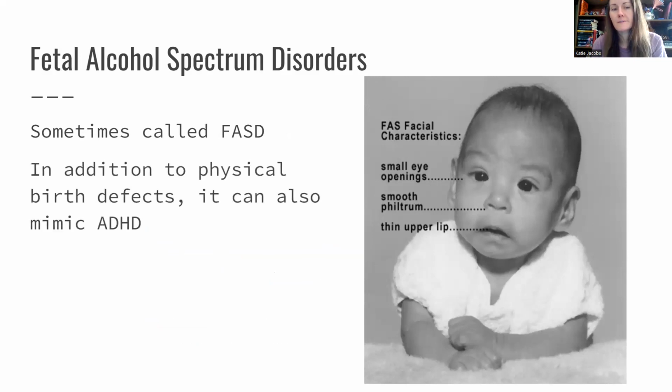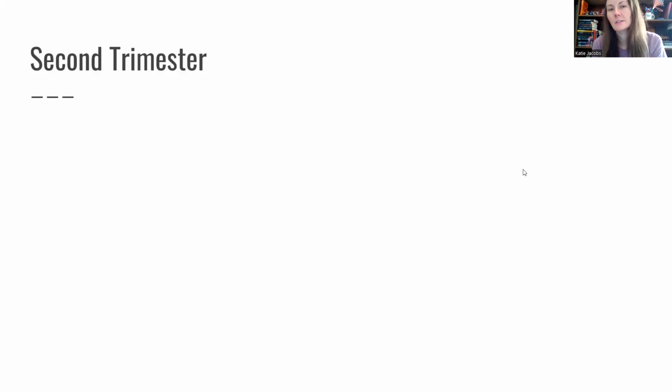So sometimes there are physical birth defects, but not always. Sometimes there are symptoms that can mimic ADHD, and there's a lot of research going on into this, where people thought that some children had ADHD, and it was actually fetal alcohol spectrum disorder. That's a really interesting area of research that's burgeoning still.